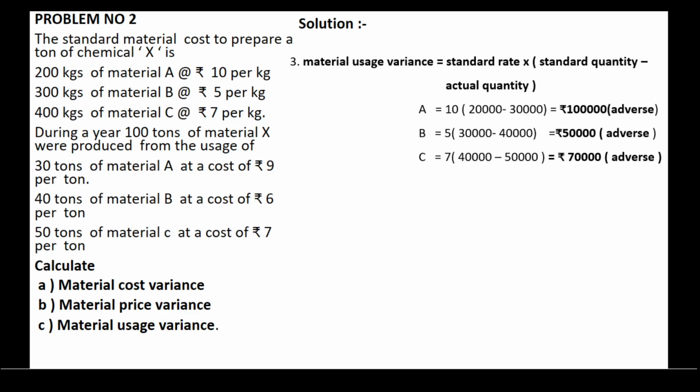This minus 10,000 is multiplied with the rupees 7. So now the material usage variance for the material C is rupees 70,000 adverse. So now we take the total material usage variance, that is rupees 2,20,000 adverse. Okay. So here first we take the total of all items, because these all are adverse.